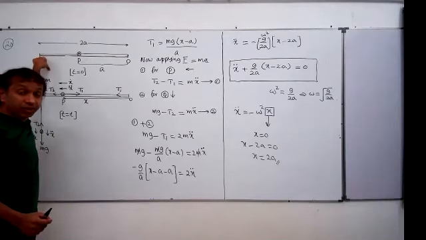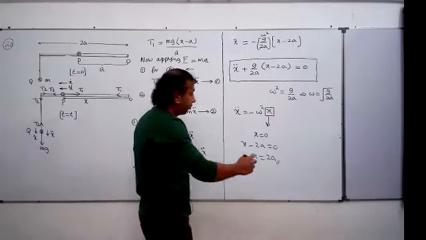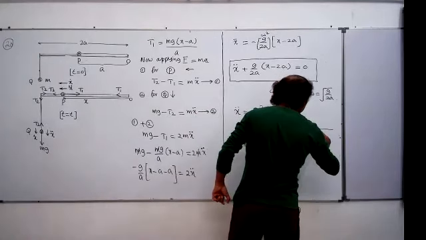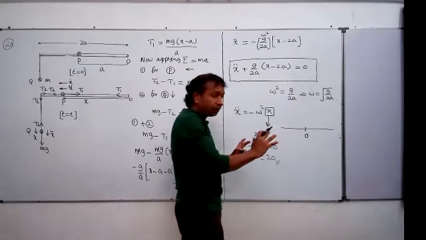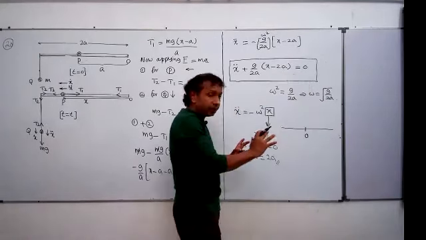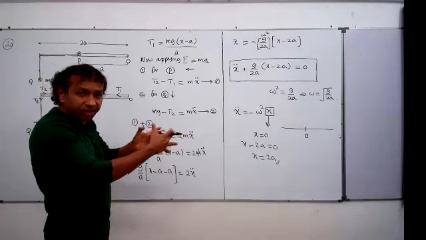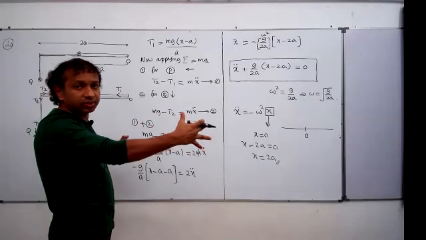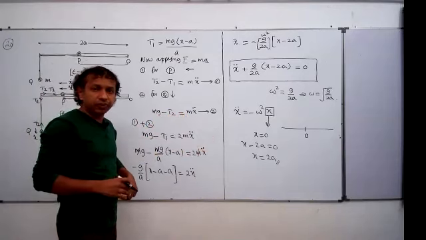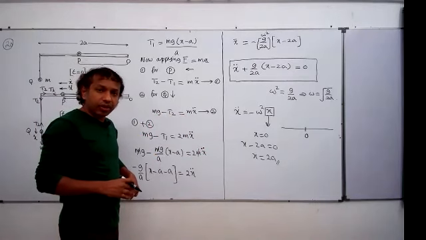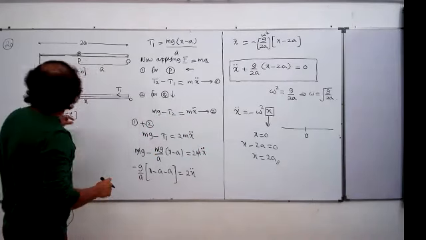Now, people, you know, in simple harmonic motion, the particle moves on either side of the center the same distance. That is called the amplitude. Right? But in this case, the center is this.